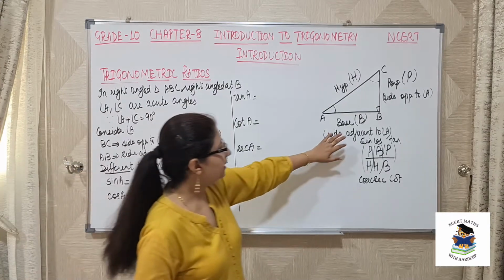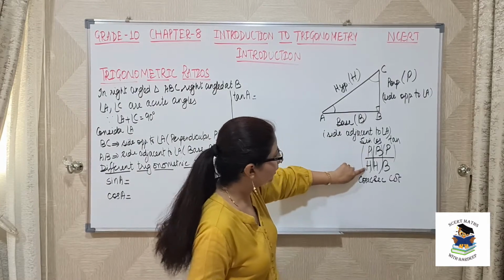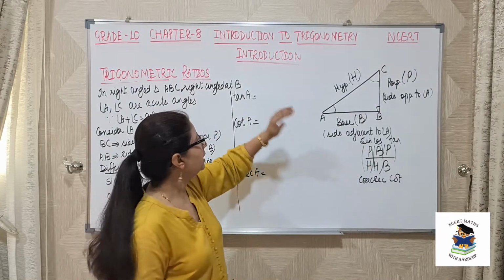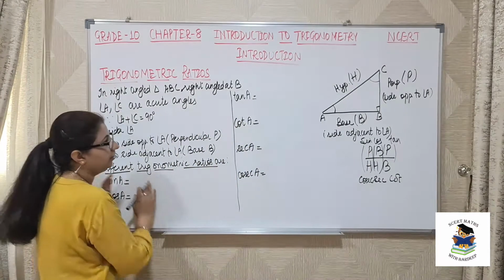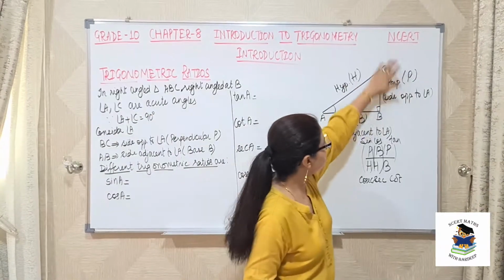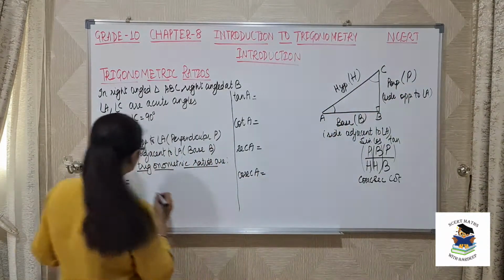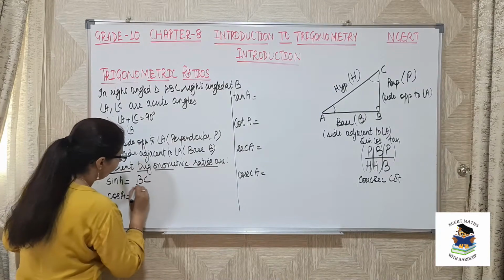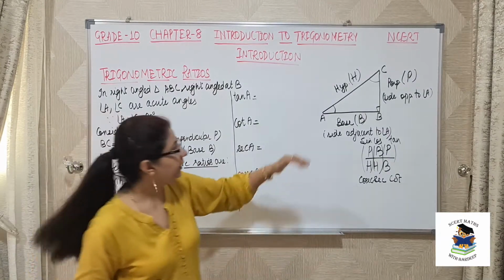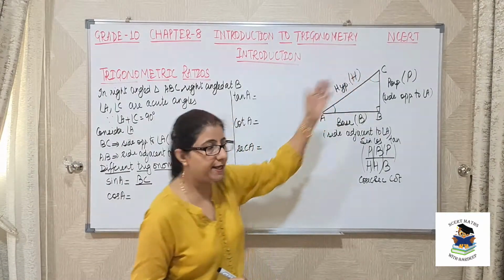Now sine is perpendicular over hypotenuse. For sine A, what is perpendicular? This side, that is BC, over hypotenuse. Hypotenuse is AC.